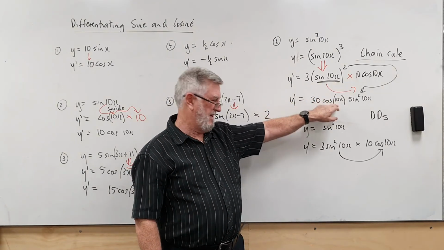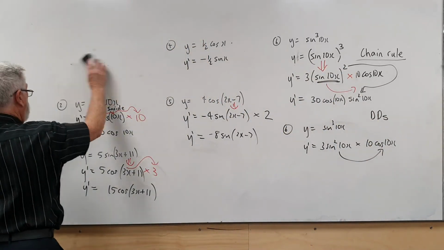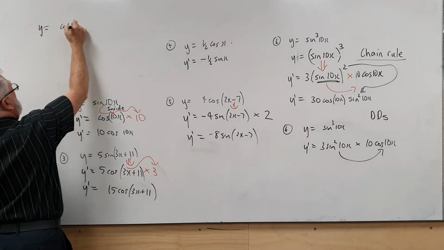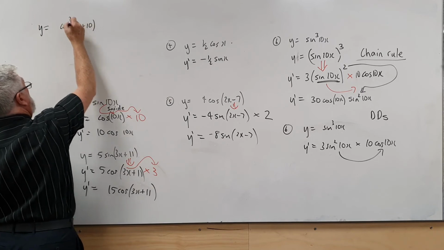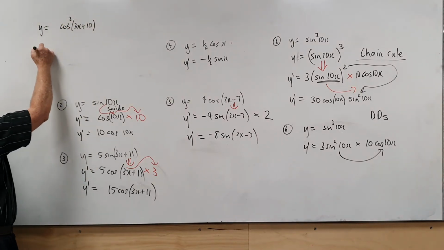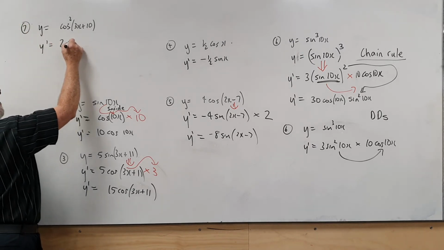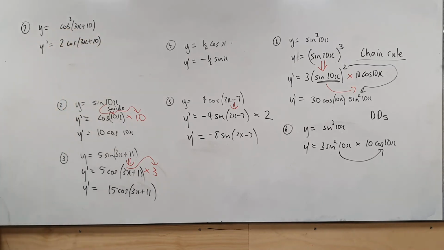You alright? Feel like I need to do this for a couple of people. Walk into the next test and it says y equals cos of 3x plus 10, all squared. Differentiate that. What do we got? 2 cos 3x plus 10 to the 1.